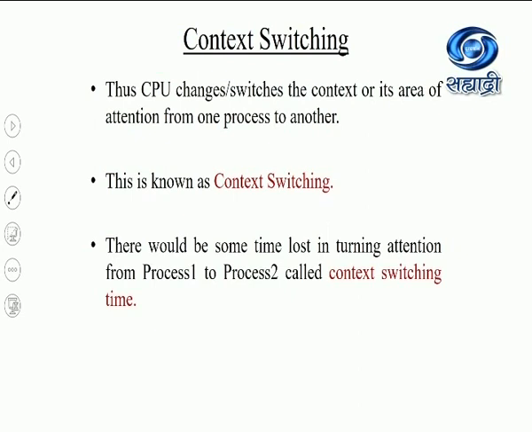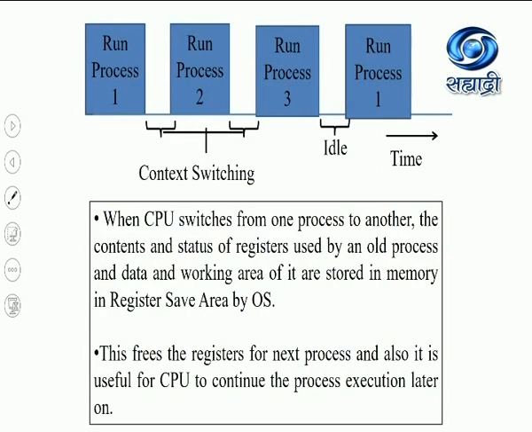There would be some time lost in turning attention from process 1 to process 2, and this time is called context switching time. You can see in the diagram that initially process 1 is running. If some I/O operation comes in process 1, the CPU starts running process 2. If some I/O operation is there in process 2, the CPU pays its attention to process 3 and starts running process 3.